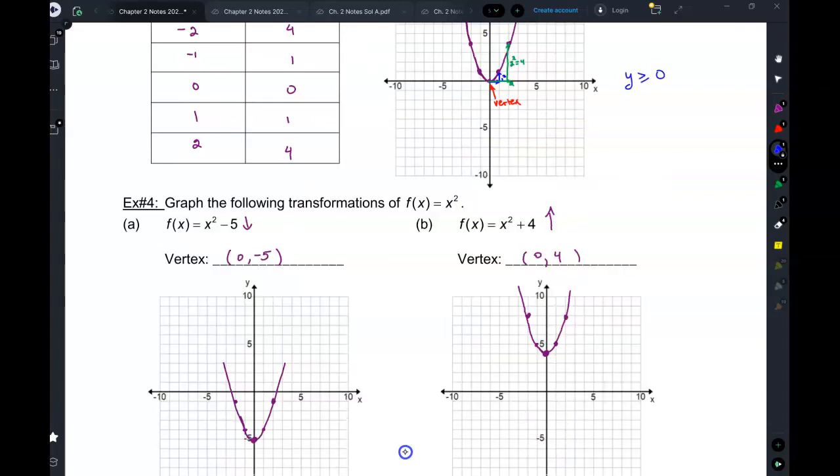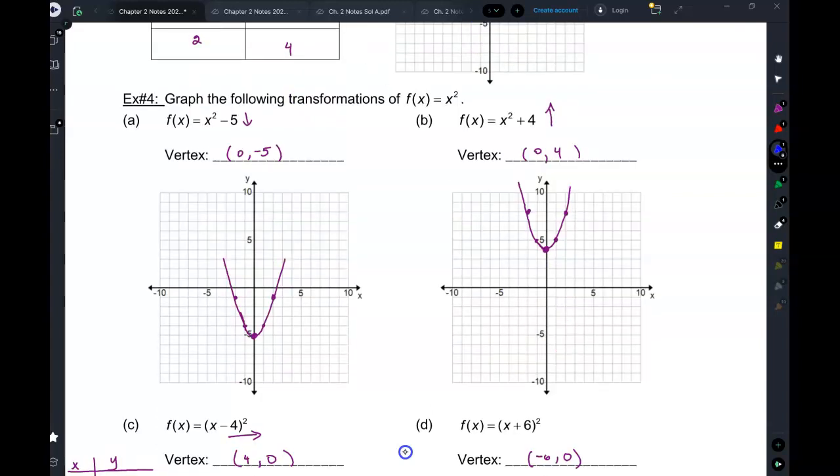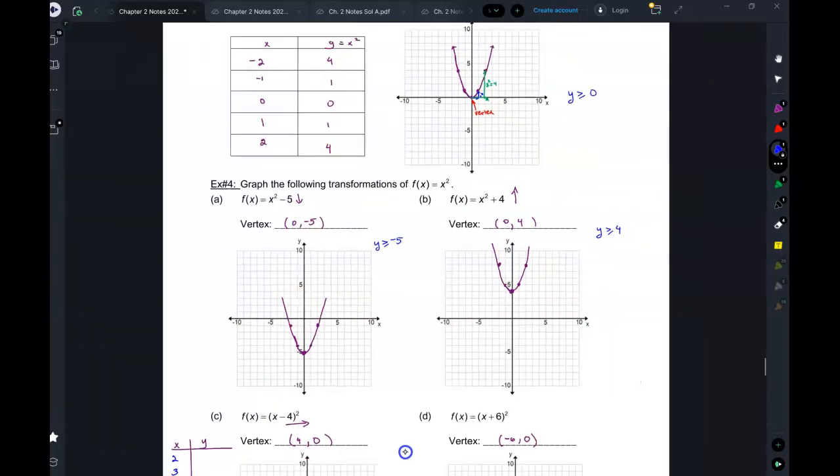What's the range for this one? Negative 5. Here, y is, okay. This 0 and this negative 5 and this 4, where does it show up? It's the y coordinate of the vertex.